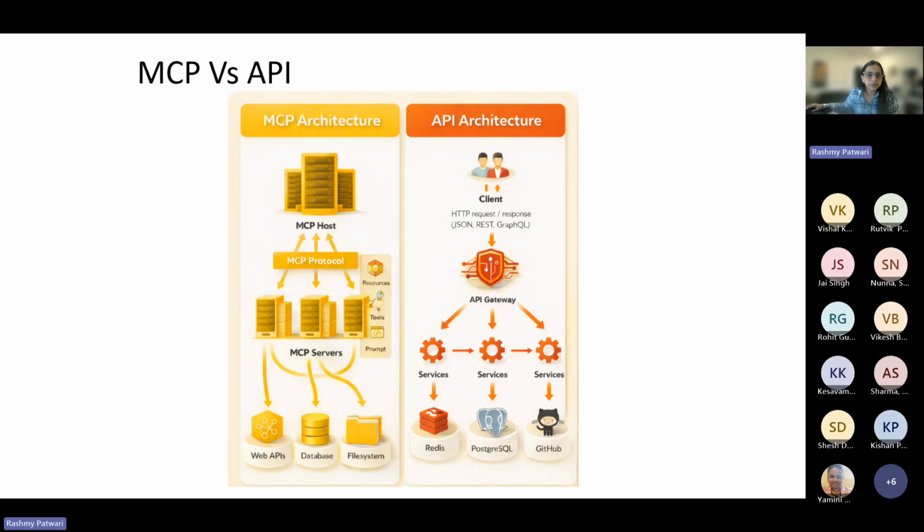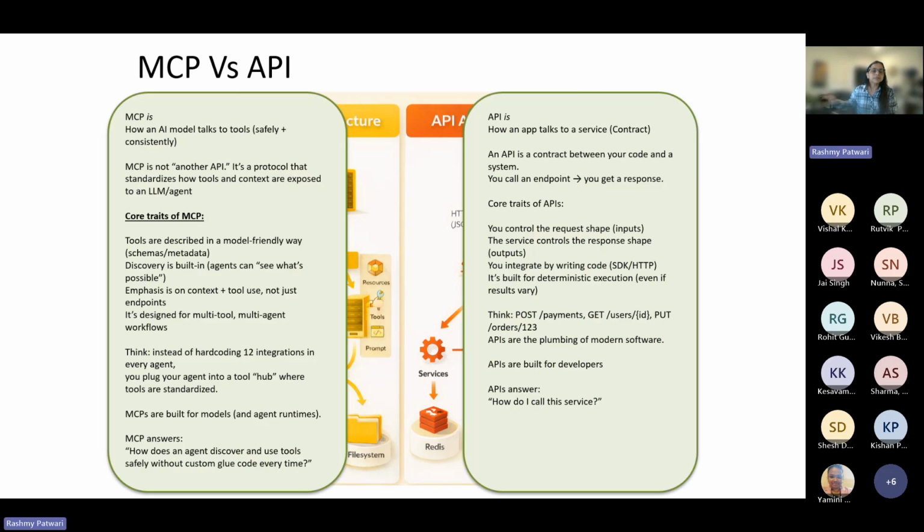Okay, moving on. Here are some more differences. MCP won't be another API, basically because agents interact with it. A developer can call an API, but codebases cannot literally call an MCP like an API.